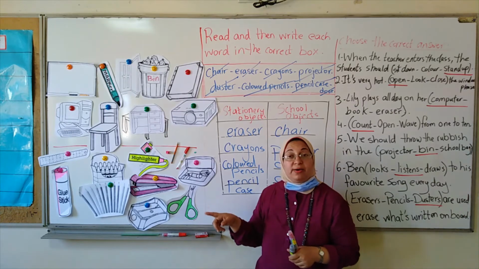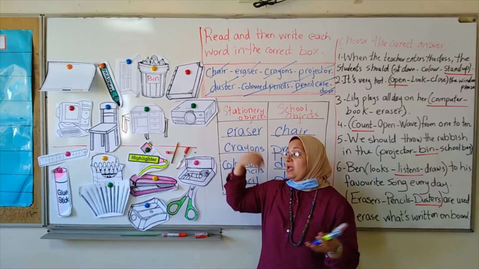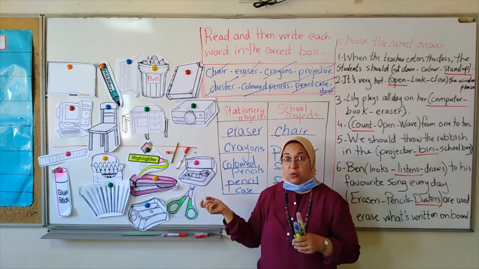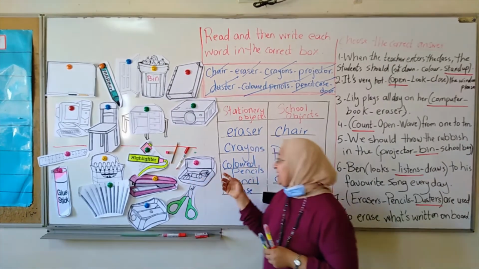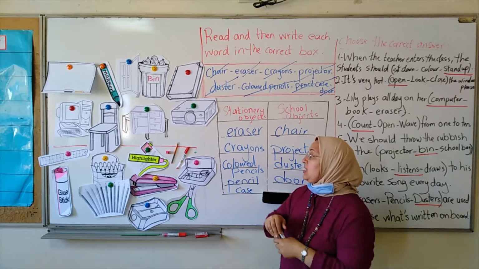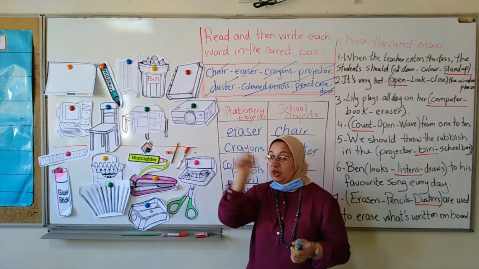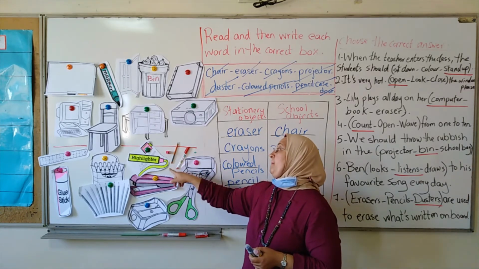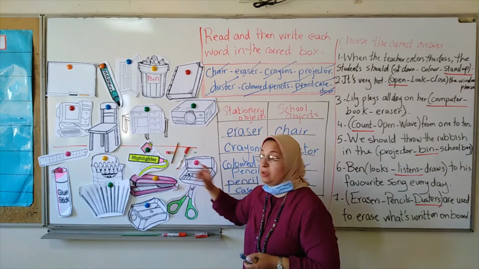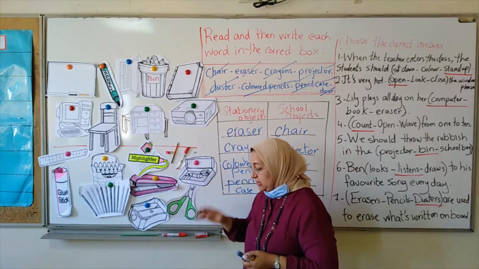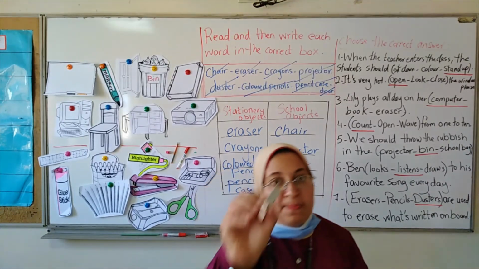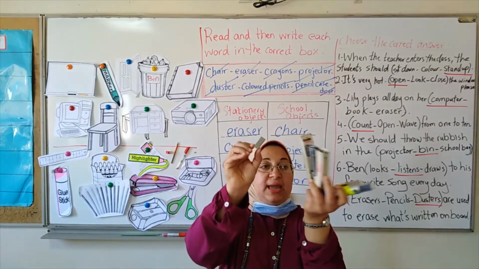Stationary objects are the pencil case and everything that I put inside my pencil case, that I just use when I'm studying, okay? Like what? Like the pencil case itself. And inside it, what can I put? Eraser, sharpener, pencil, pen, scissors, stapler, and inside it we have the stapler and staples.